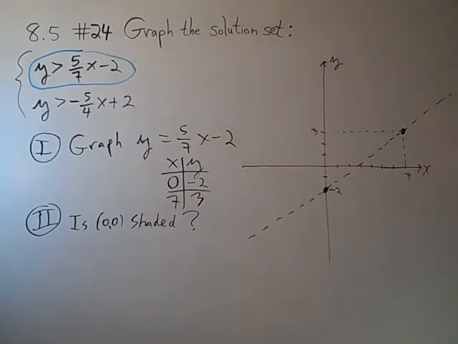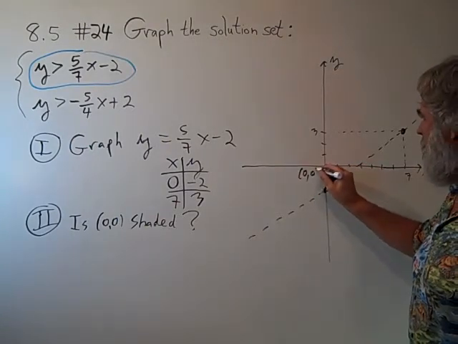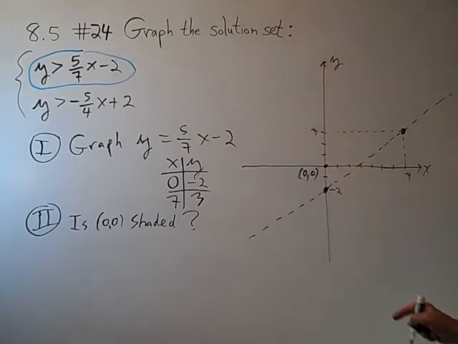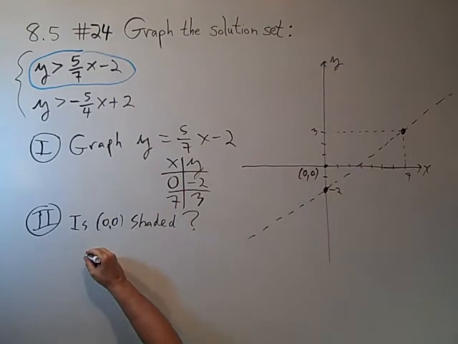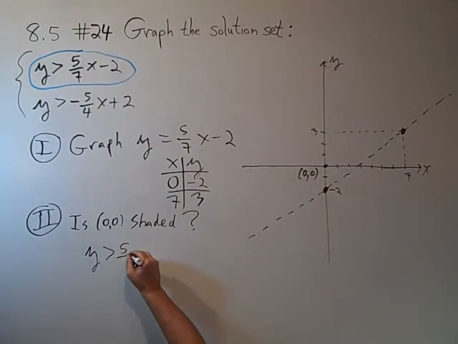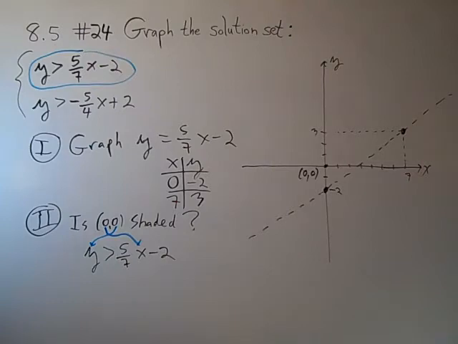And now we have to decide which side of that line do we shade. So we can once again ask, is the origin here shaded? So we answer that question by going to the original inequality and substituting in x equals 0 and y equals 0 and see if it's true.